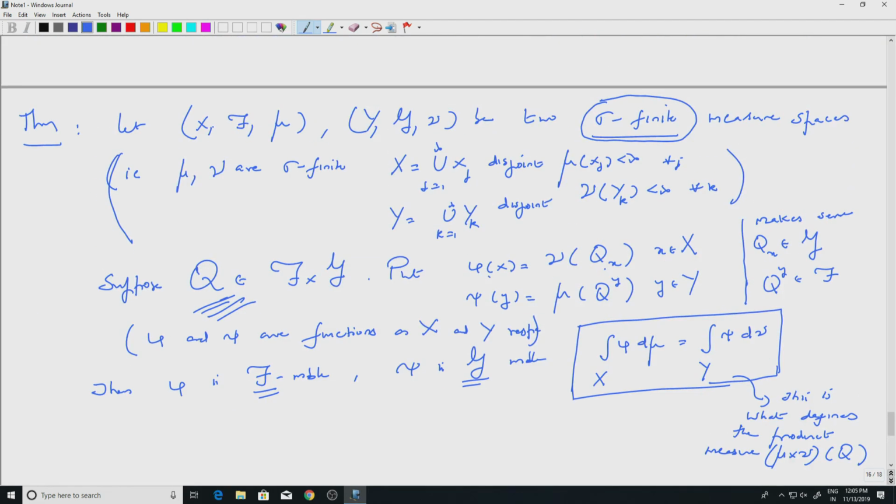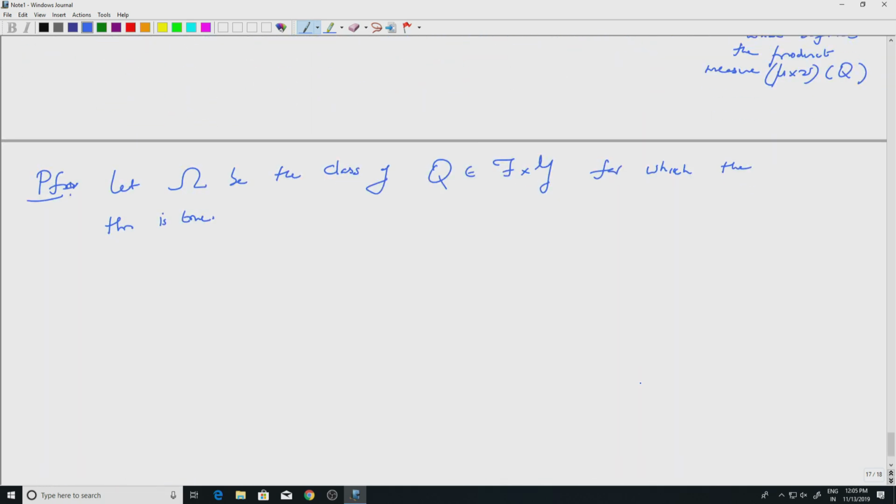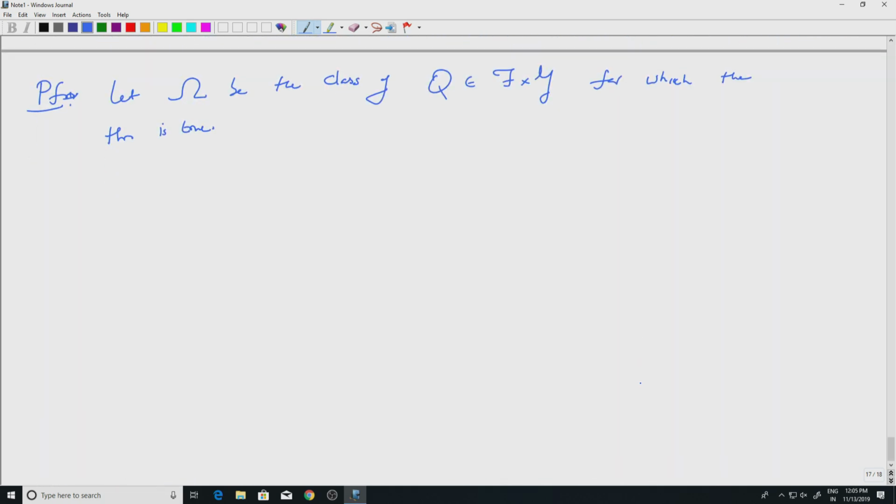What does the theorem say? You define these functions phi and psi, and then they are measurable and these integrals are the same. So there are two things: one is measurability, second is that the integrals are the same. So I take omega to be the class of all such Q for which this is true. Of course, we do not know if there is even one Q for which this is true, but we will justify all this.